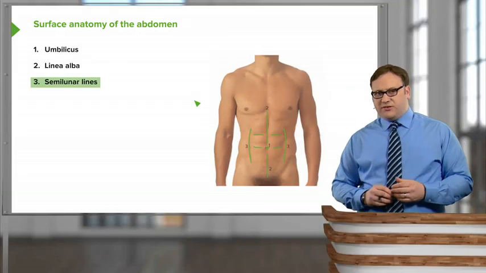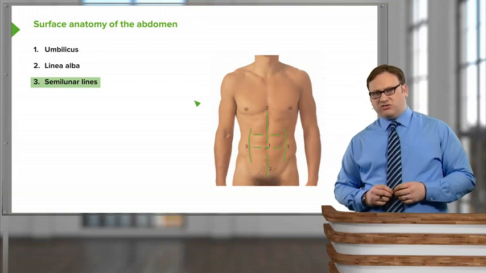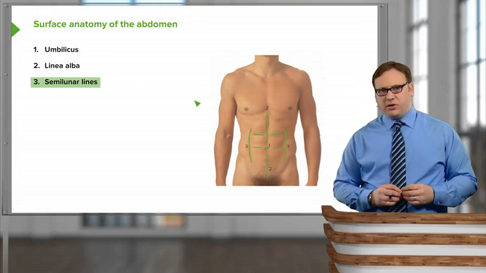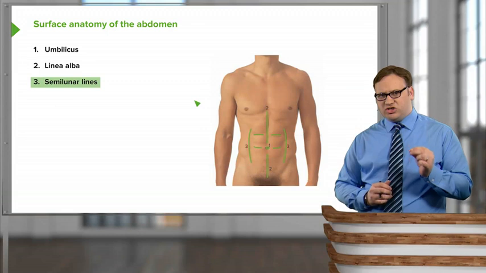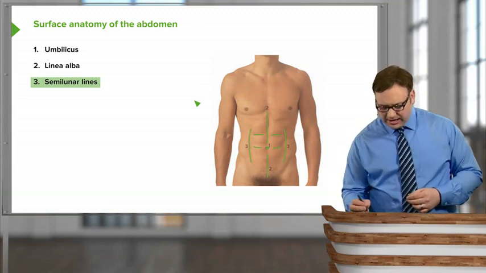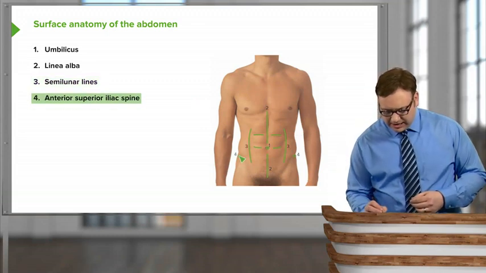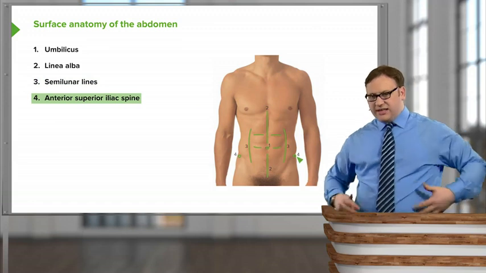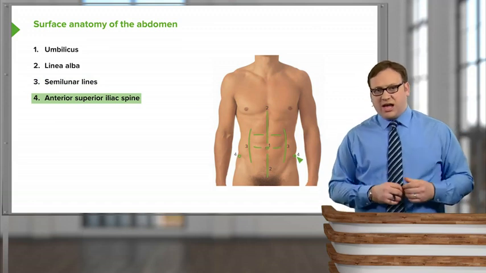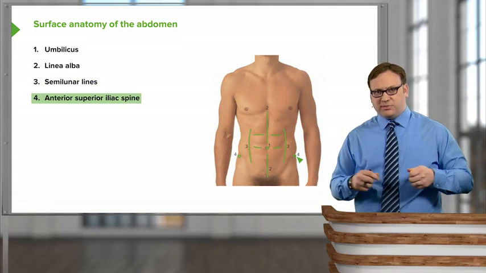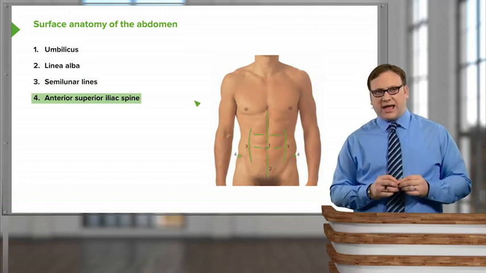We can also see a few bony landmarks. So we have a structure on either side of the body known as the anterior superior iliac spine, and this is approximately here and here. And these are the structures which you're supposed to hang your trousers on. So your trousers are supposed to sit on these bony landmarks.